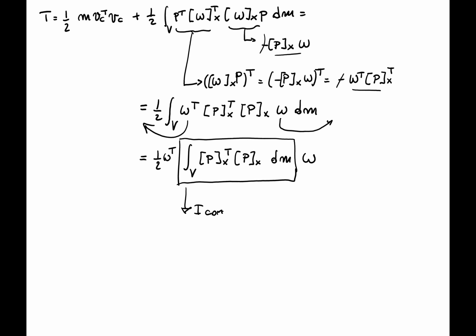Remember, it's the generalization to the 3D space of what we saw for the single axis case, whatever we were calling it, J, J1, J2, JM, JL, you remember? So this is the same thing, but in the 3D space. So the tensor of inertia represents the inertia to the rotation in the space.